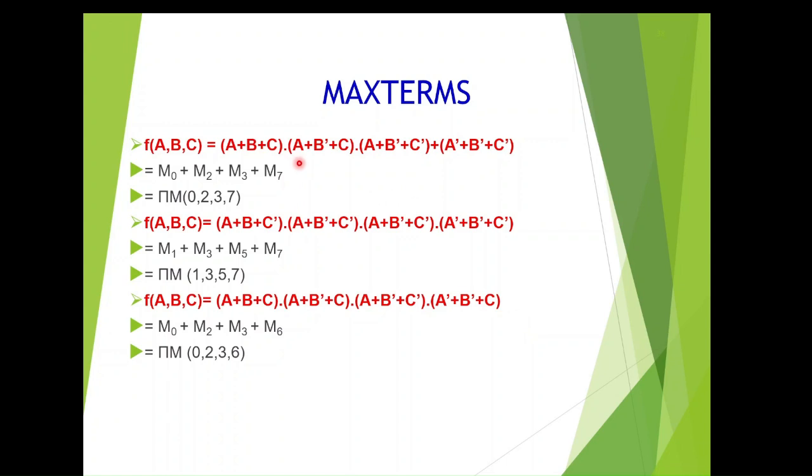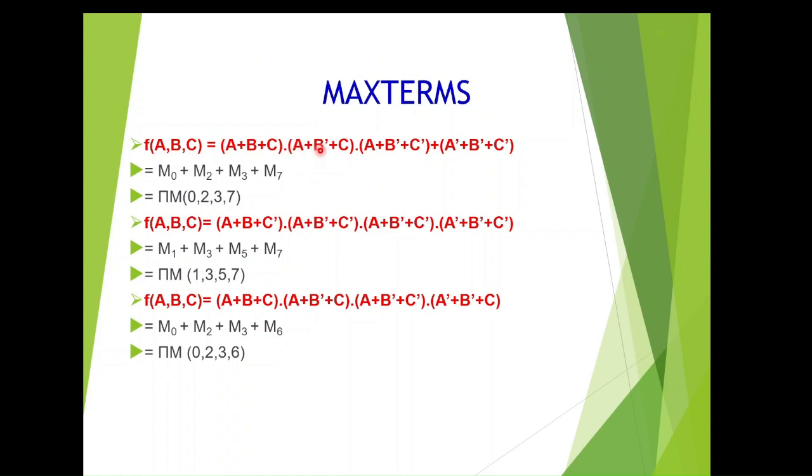So in terms of max terms, if I want to write the expressions, then just to take this example, here we have to consider without complement or the true form as 0. So if I write a plus b plus c, it is actually 0, 0, 0. So 0, 0, 0 is 0. Similarly here, this is 0, b dash means I have to just mention as 1.